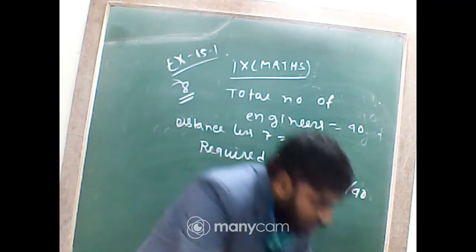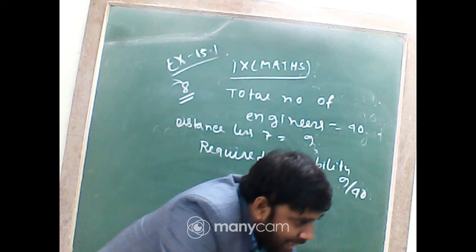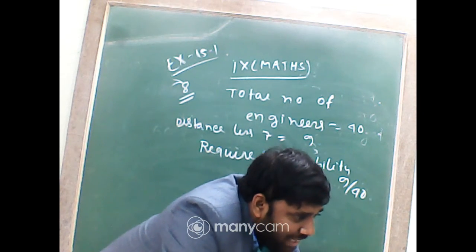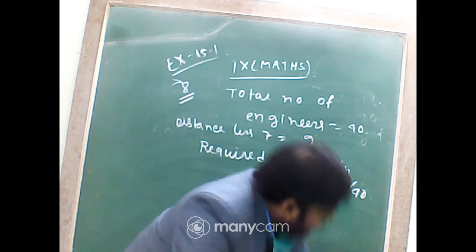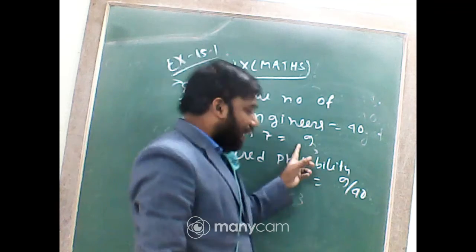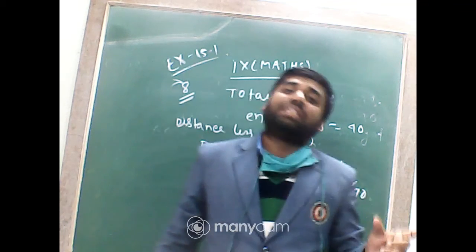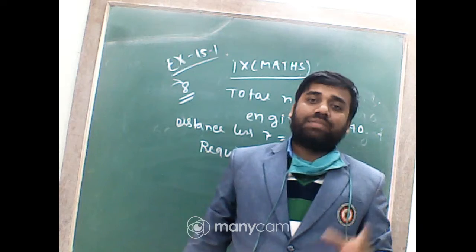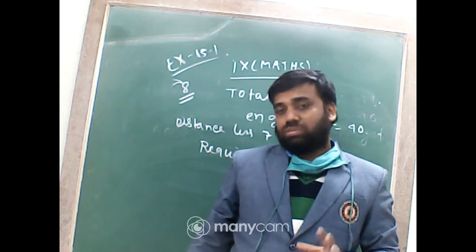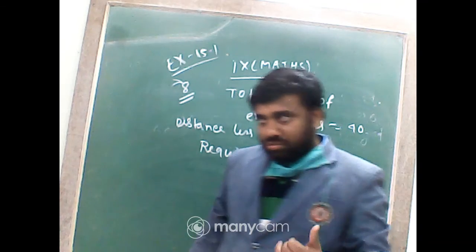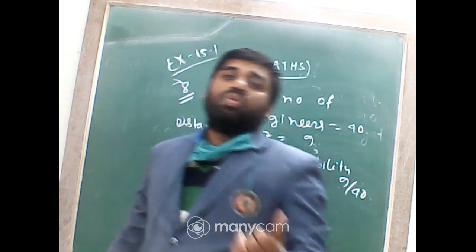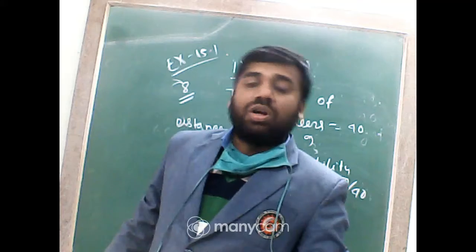Next question. Number of engineers living equal to or more than 7. Equal to or more than 7 means if it is 7, it is 9 engineers whose distance from workplace to house is 7 kilometers. It means the remaining engineers have distance more than 7 or equal to 7.